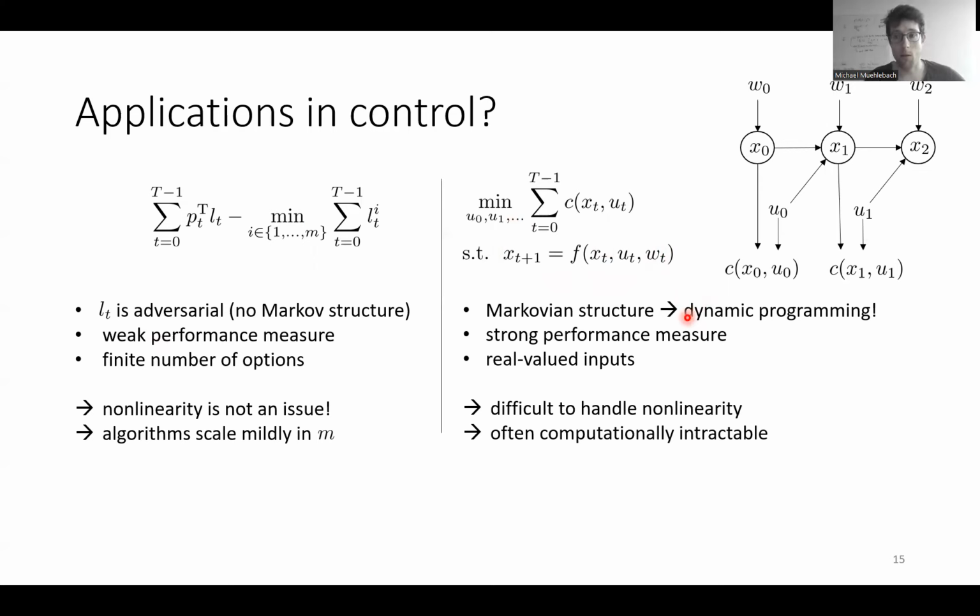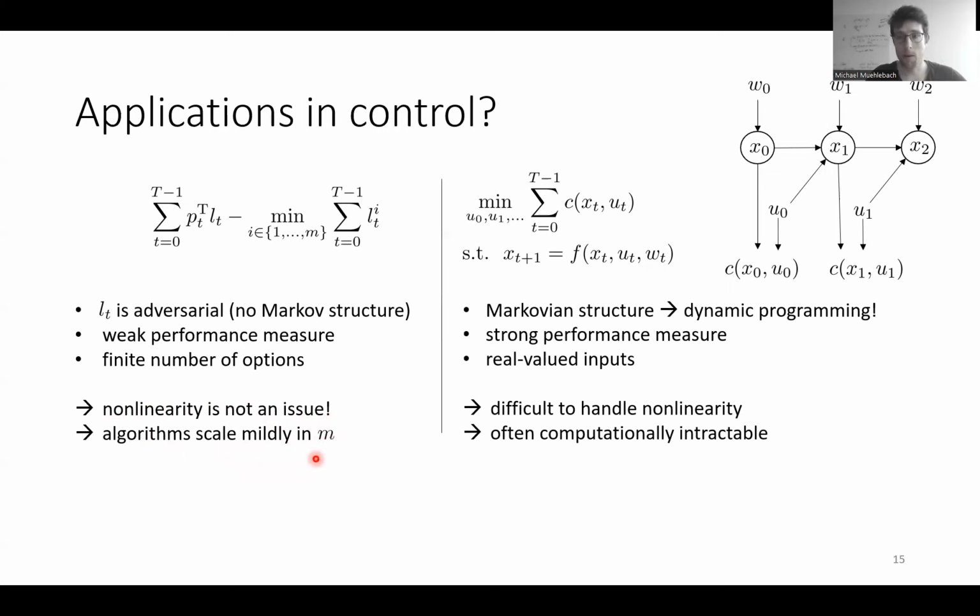The difficulty is that when we would like to synthesize optimal controllers, we face the curse of dimensionality, and we have issues when f is nonlinear and c is non-convex, for example. Here, in this adaptive decision-making setup, we restrict ourselves to finitely many options, but nonlinearity is not an issue at all.